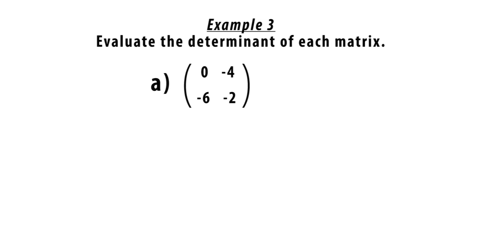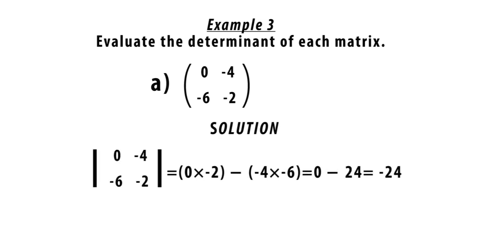Let's take the solution of that first. The determinant of 0, -4, -6, -2 is equal to 0 multiplied by -2 minus -4 multiplied by -6. That will give us 0 minus 24, which is equal to -24.